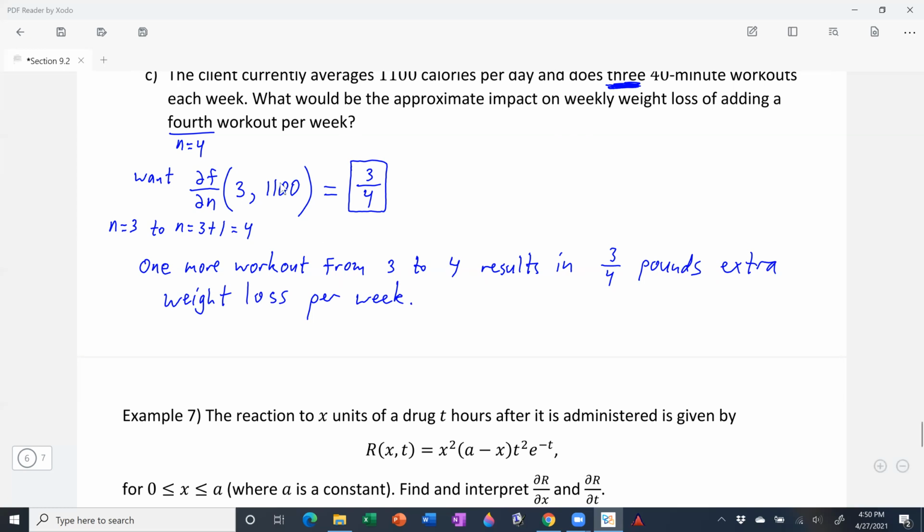And that 1,100 calories pretty much didn't make any difference in this function here.